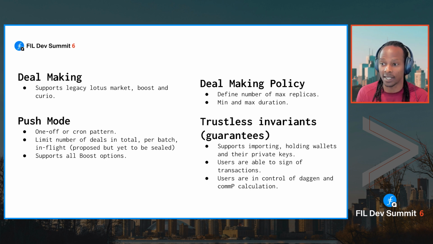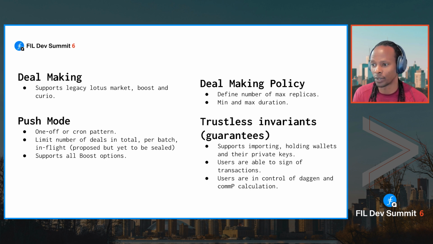And of course, as a user, you will be in control of the generation of the DAG, the representation of the files and directory structure, and the CommP, which is eventually the PieceCID that you pass on to the SP as part of the deal schedule.